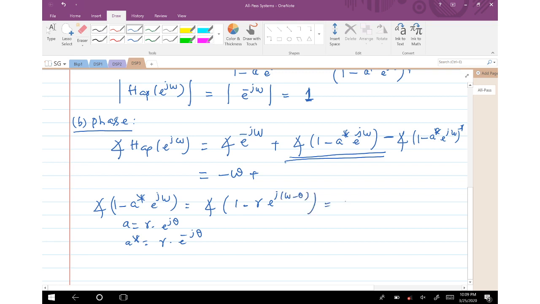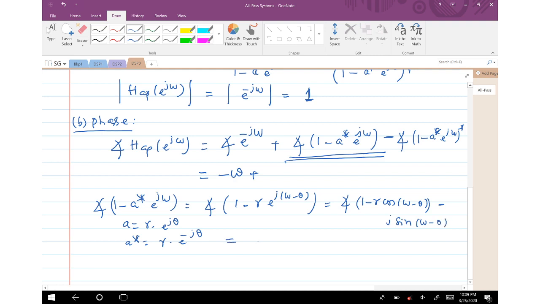So I could write it as the phase of one real and imaginary part. Let me separate that. 1 minus r times cos of omega minus theta, that's the real part, and then minus j times r times sine of omega minus theta, correct?